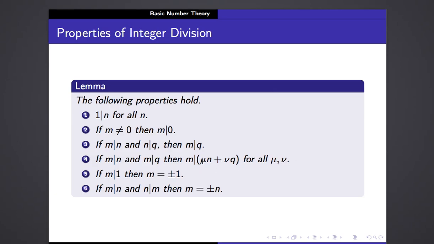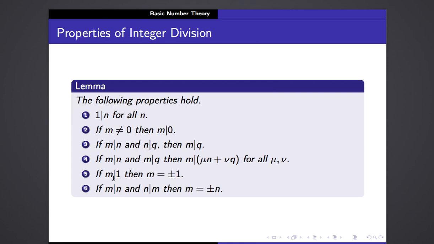So the expression here, mu n plus nu q, is often called a linear combination of n and q. In other words, if m divides n and m divides q, then m divides any linear combination of n and q.